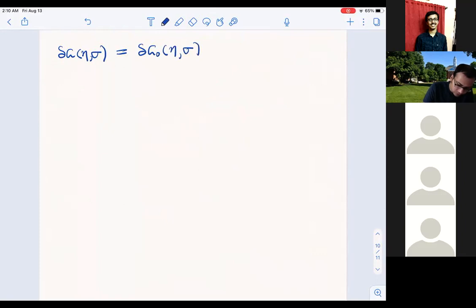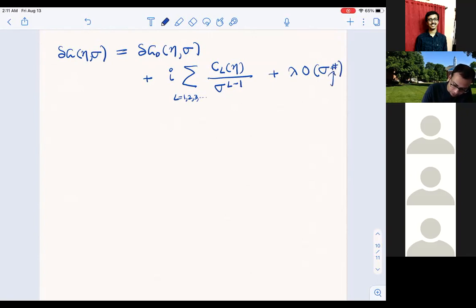I assume that the Regge correlator is given by the correlator with subscript 0 plus an infinite tower of growing terms, up to terms that decay in the Regge limit. So these are positive powers of sigma.